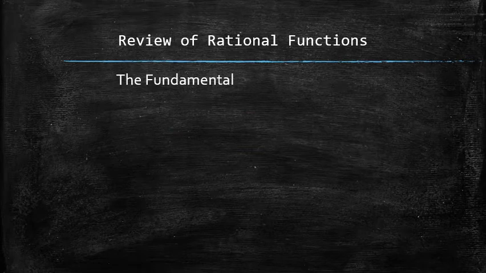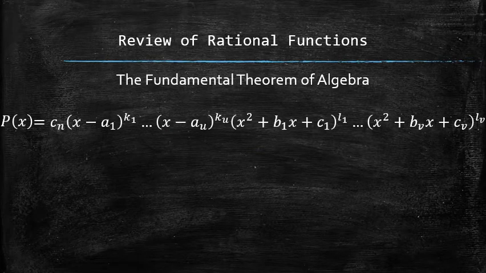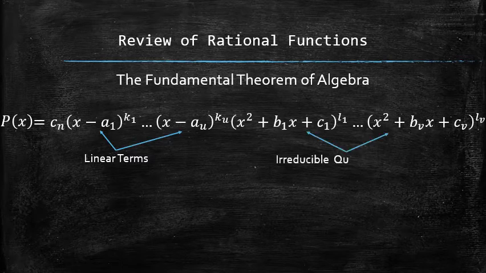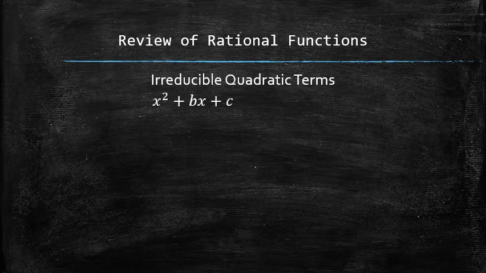One of the interpretations of the fundamental theorem of algebra is that every polynomial can be uniquely factored into the product of linear and irreducible quadratic factors. What exactly is an irreducible quadratic expression? Irreducible means that it cannot be factored further into a product of two linear factors, which means that the quadratic expression has a negative discriminant.